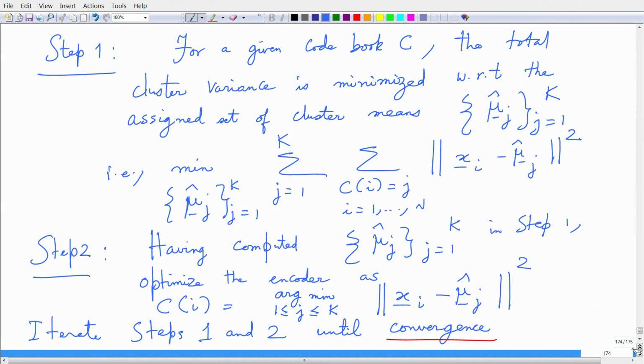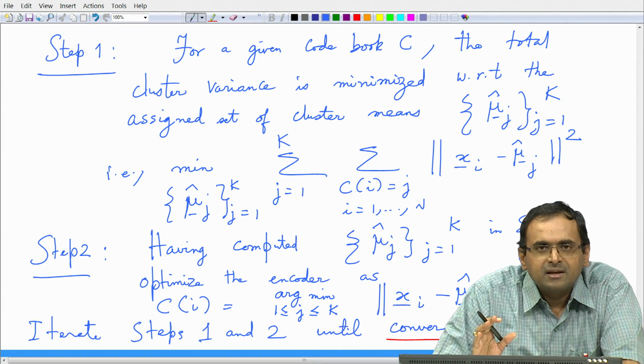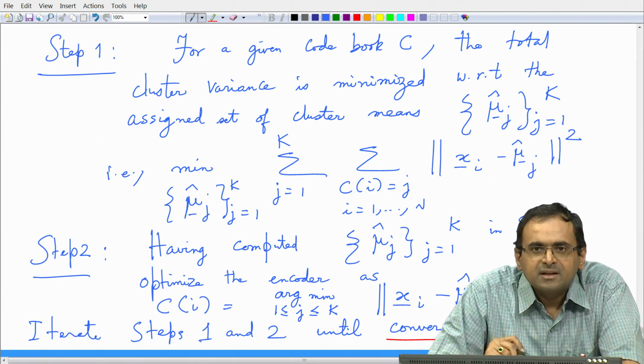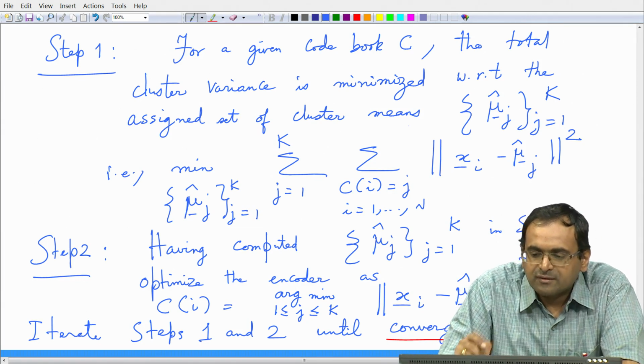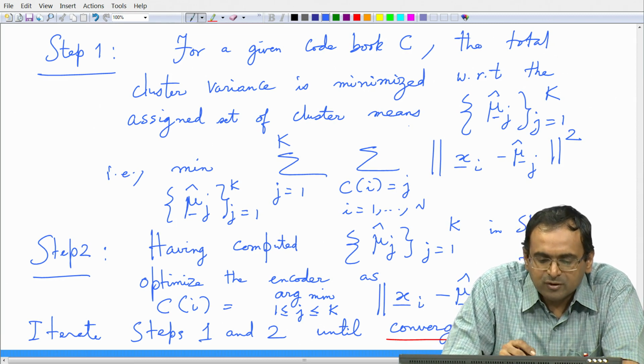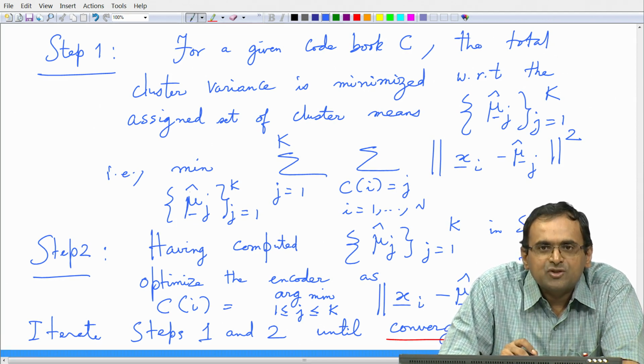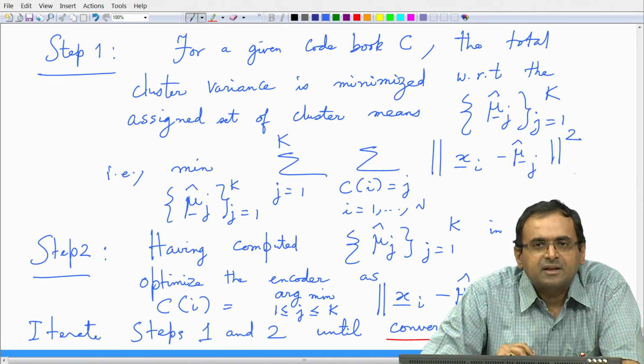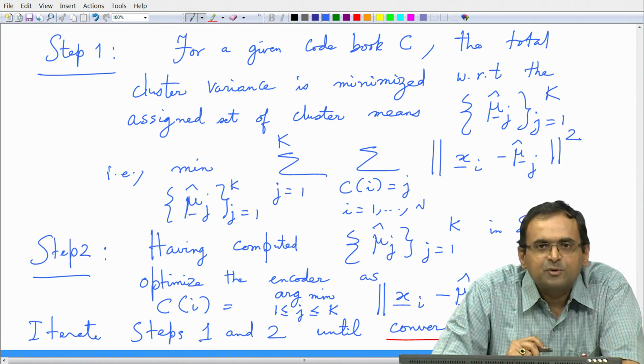So, the first step is as follows: for a given code book C, so you have to start with some initialization to start with, right. You may choose some random centers and then proceed towards updating it. The total cluster variance is minimized with respect to the assigned set of cluster means, that is we have to choose these mu_j hats that minimize this cluster distortion. And how do we choose these mu_j hats?